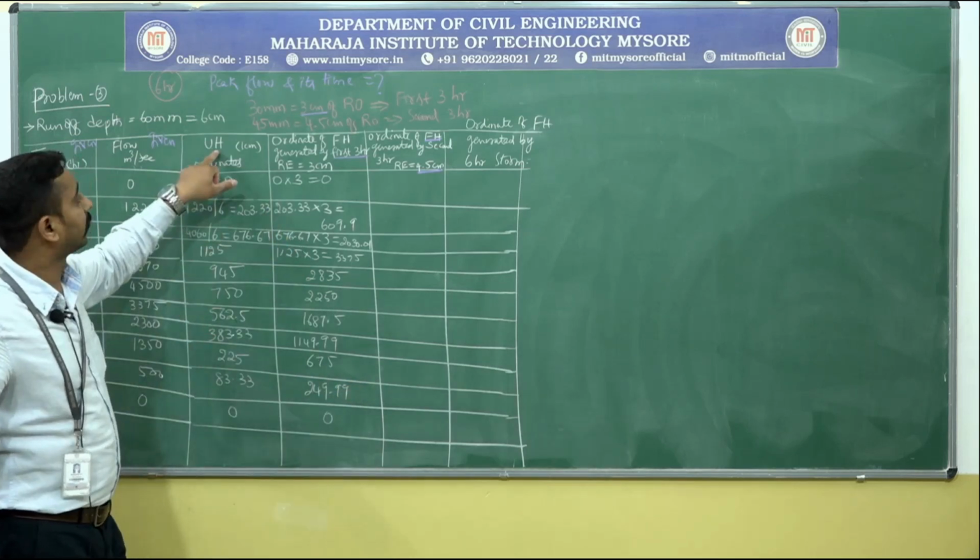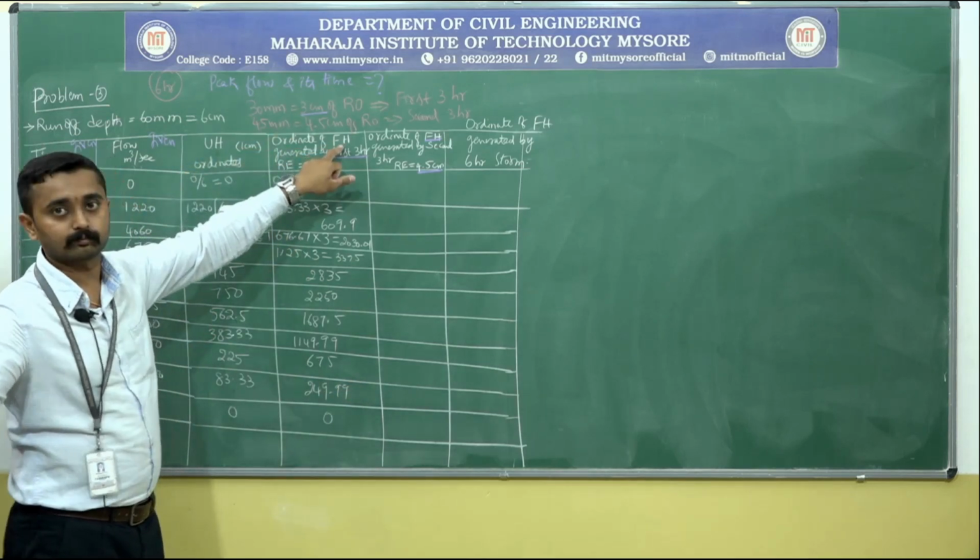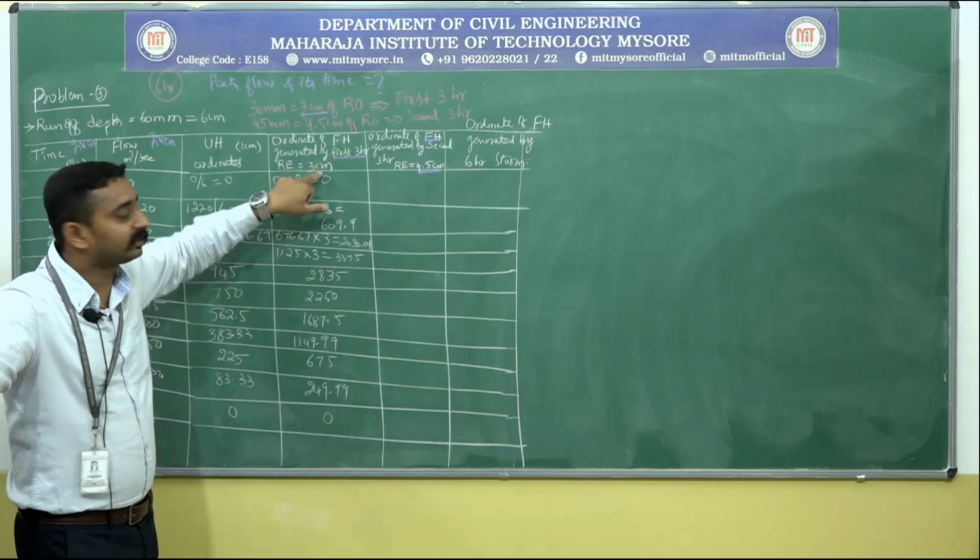Converted unit hydrograph into flood hydrograph of rainfall excess 3 centimeter.